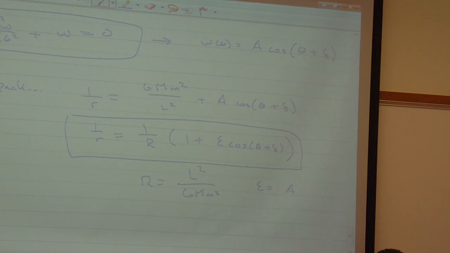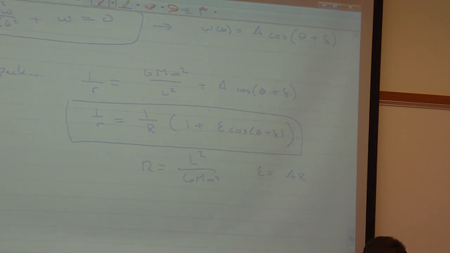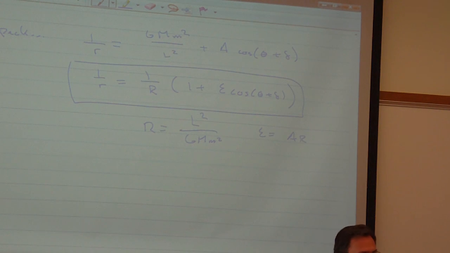Epsilon is A R. So you just stick those back in there, you'll get the same result we had before. And delta is a phase again. That just says where you start, basically.